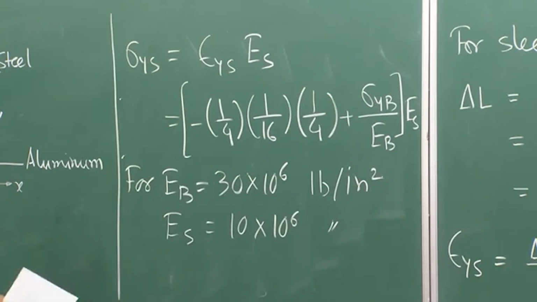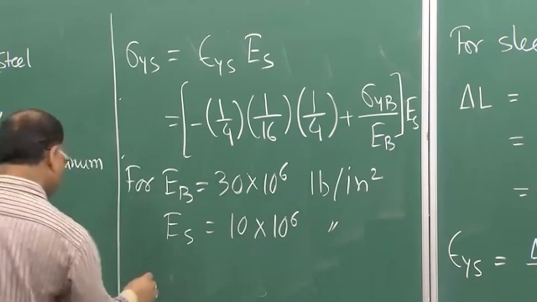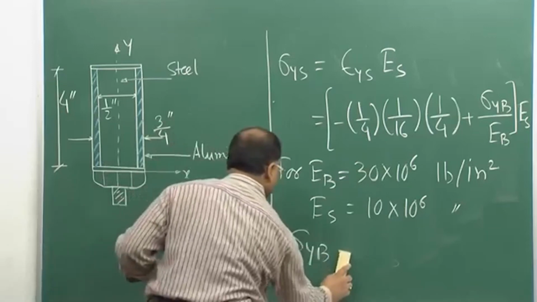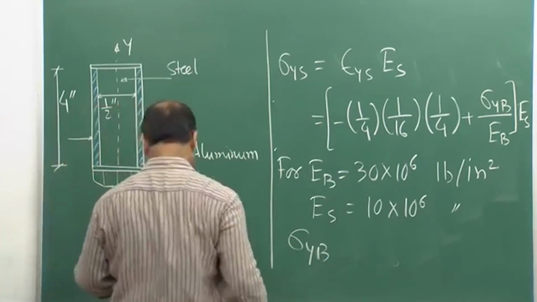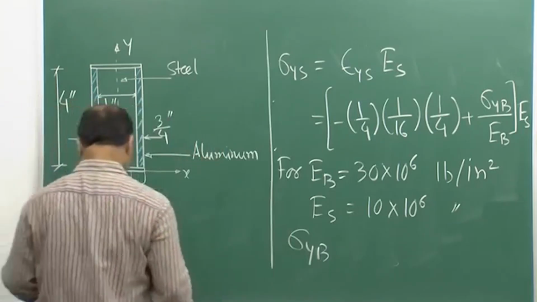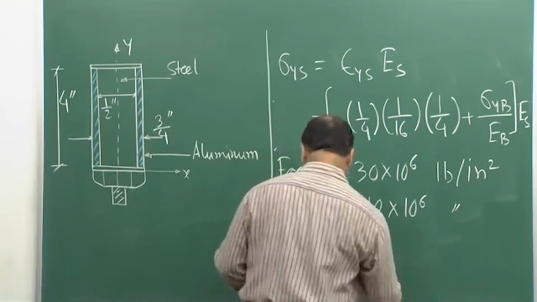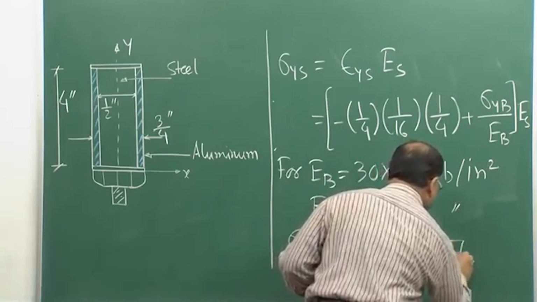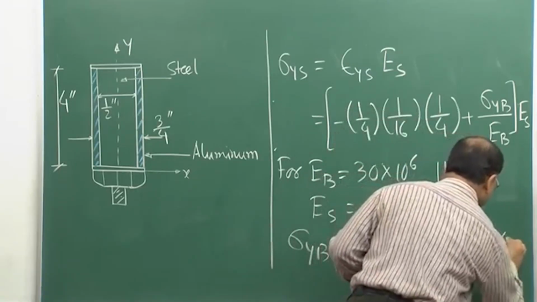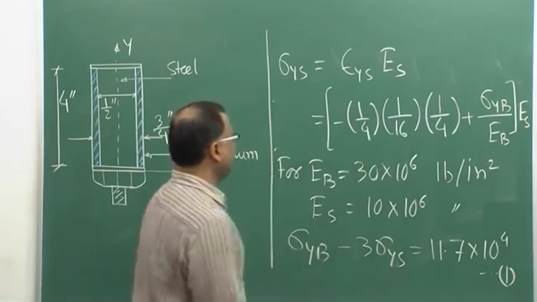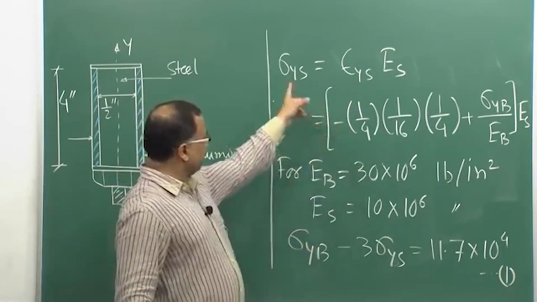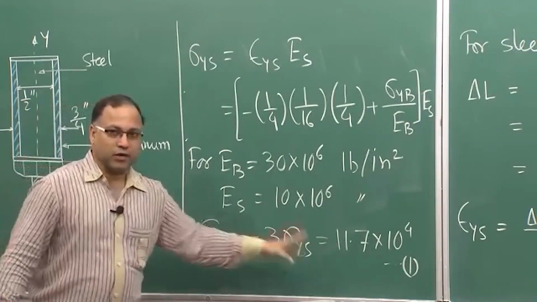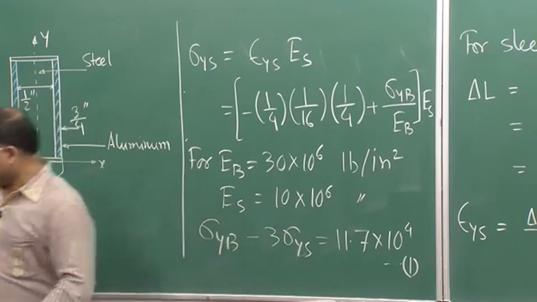By putting these values in this equation, I can simply get sigma y b minus 3 sigma y s equal to 11.7 into 10 to the power 4. Say equation 1. By simply putting these values here, I am getting one relation between sigma y b and sigma y s, that I am keeping as equation 1.